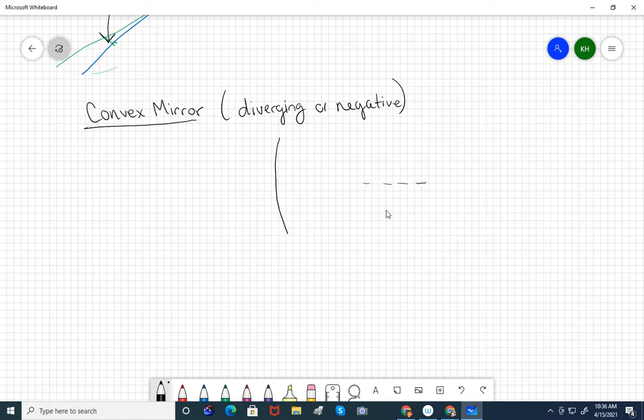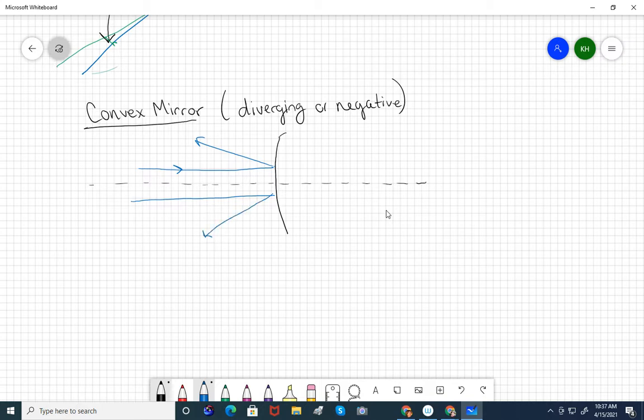So here's the principal axis. You can almost picture how light that shines on it, that's coming in parallel, doesn't bounce back towards a focal point. If we use the law of reflection and we think of this curved surface, it actually bounces off something like this. It spreads the light farther away, not closer together.